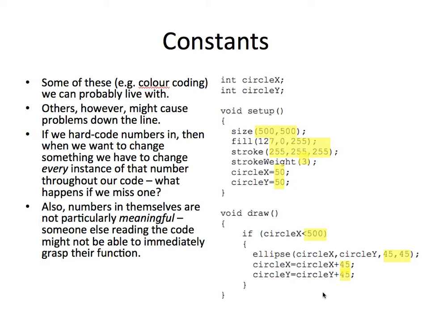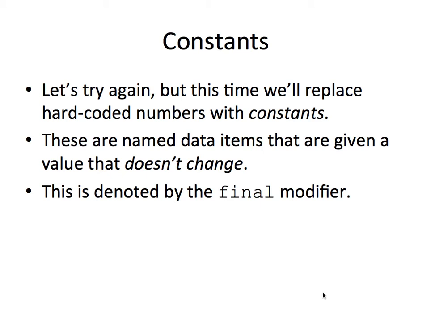So we need to come up with a way of avoiding having to replicate the same hard-coded number over and over again for the same basic meaning, whilst also ensuring that our code is comprehensible. So luckily there's a facility in Processing and other languages called the constant, and this allows us to create data items with a name or a label and a value, but the value isn't expected to change, so it remains constant.